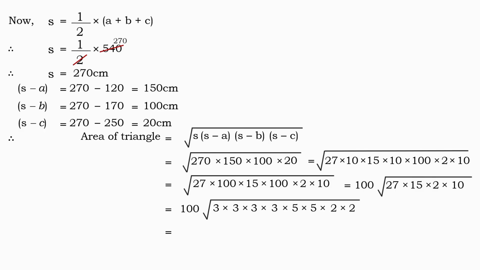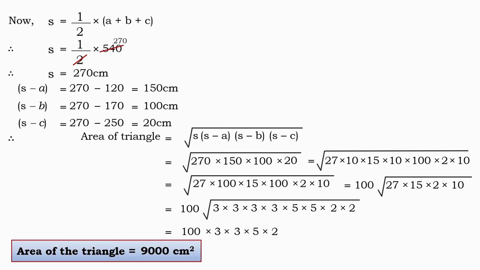So that these all will come out. So 1 3 will come, another 3 will come, then 5 will come out and 2 will come out. So which is coming, 3 into 3 is 9, 900 into 10, that is 9000. So area of the triangle will be 9000 centimeters square.